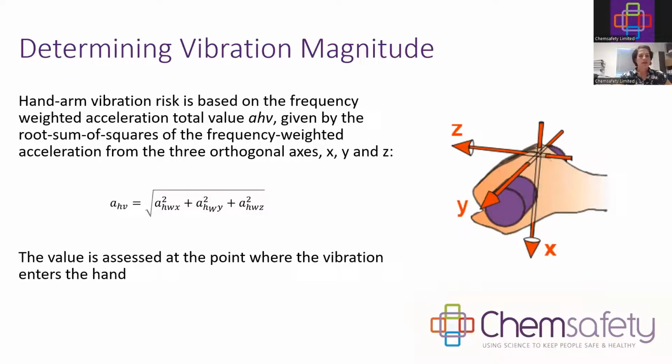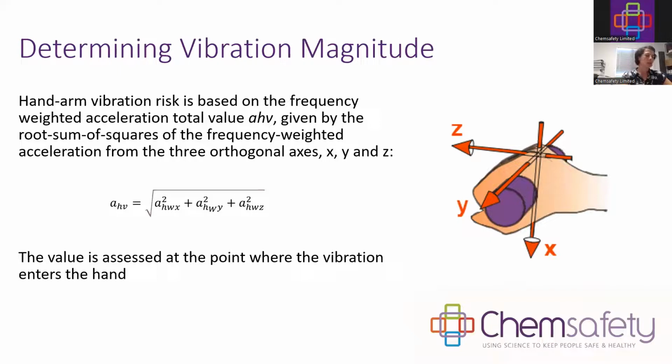So when determining the vibration magnitude, there's a nifty calculation that is done where we take into consideration the three axes, which is the x-axis, the y-axis, and the z-axis. The x-axis is usually in the up and down position, the y-axis is in the side-to-side position, and the z-axis is in the forward and backwards position.